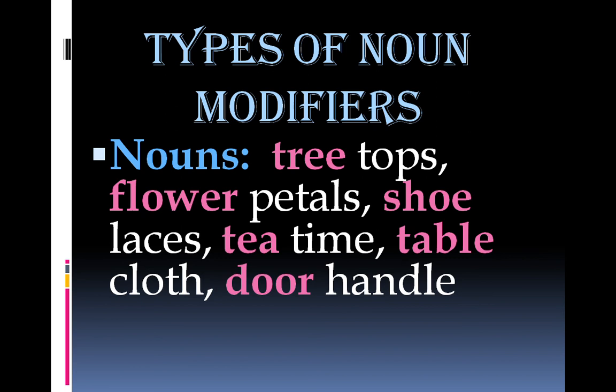Flower is modifying petals. Shoelaces. Shoe is modifying laces. Tea time. Tea is the modifier of noun time. Tablecloth. Table is the modifier of cloth. Door handle. Door is modifying handle. It's very common in English language for nouns to behave as noun modifiers. They are used with other nouns and behave like adjectives. They modify those other nouns, and we call them noun modifiers.